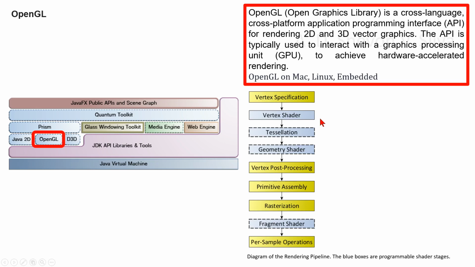Then optional primitive tessellation stages and optional geometry shader primitive processing. The output is a sequence of primitives. Step 2, vertex post processing.